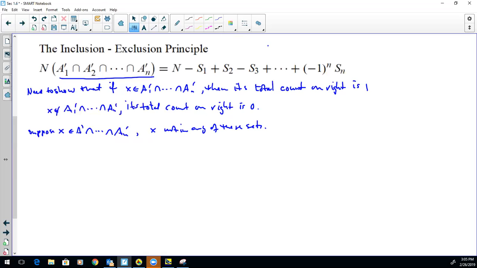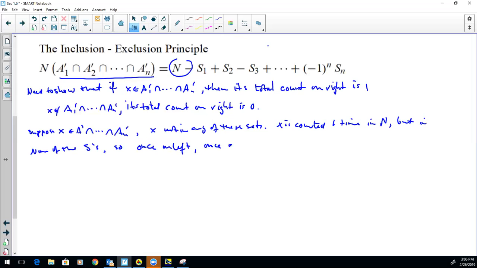Now X is in N. So we look at the right-hand side, it's counted once here in this number, but since it's not in any of the A's, in none of the S's, it's counted once on the left and once on the right. Okay, so that much is fine.